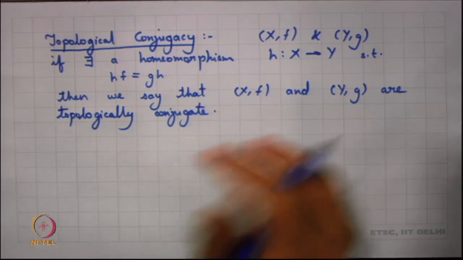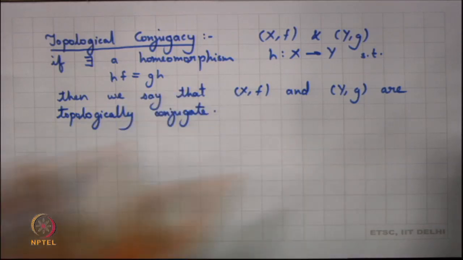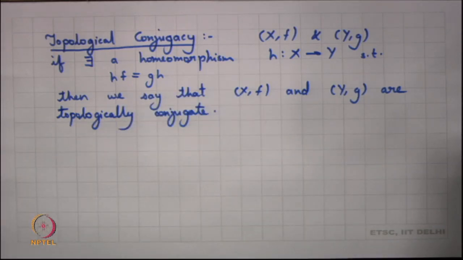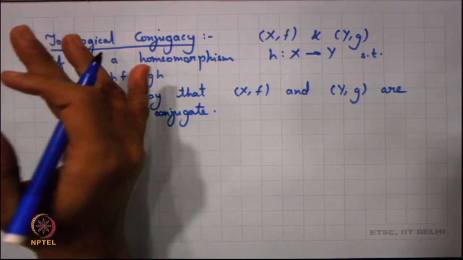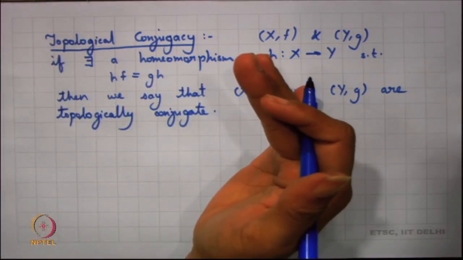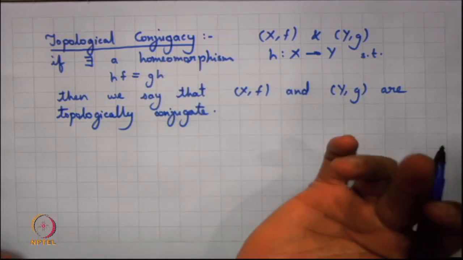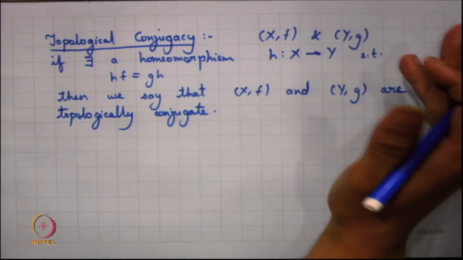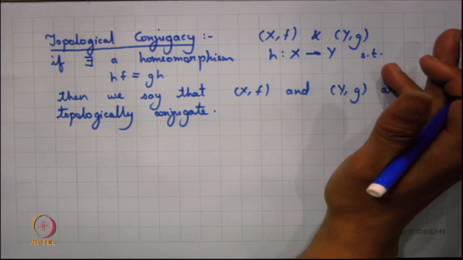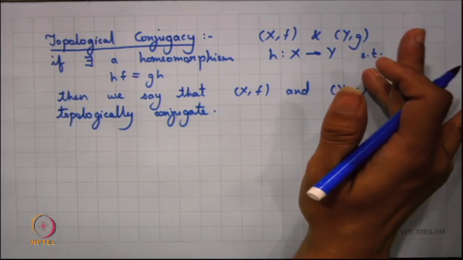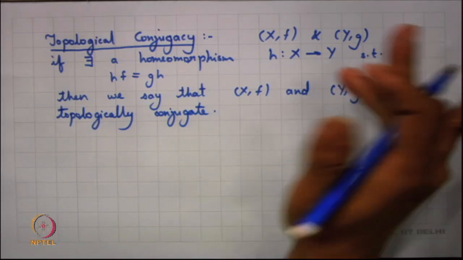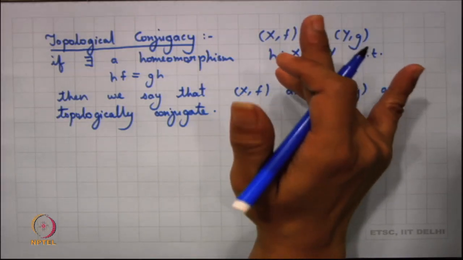Though we had discussed this earlier, I will again try to recall what happens here. What happens when two systems are topologically conjugate? Orbit of one corresponds to the orbit of the other. That means that if my (X, f) has a dense orbit, there will be a dense orbit in (Y, g) also. If my (Y, g) has a periodic point of a certain period, my X will also have a periodic point of the same period.